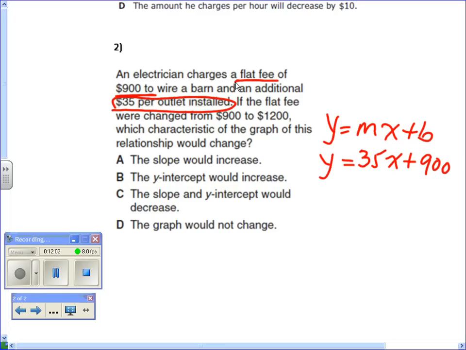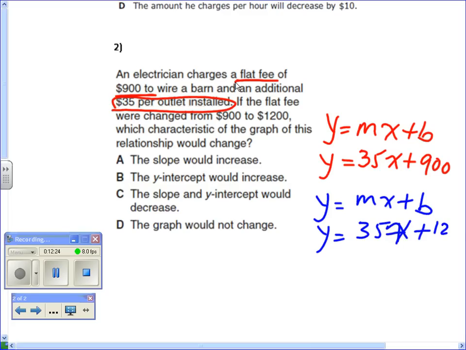And he decided the flat fee needed to be changed from $900 to $1,200. That would change our second equation, y equals mx plus b again, which in this case would be y equals 35x plus $1,200.